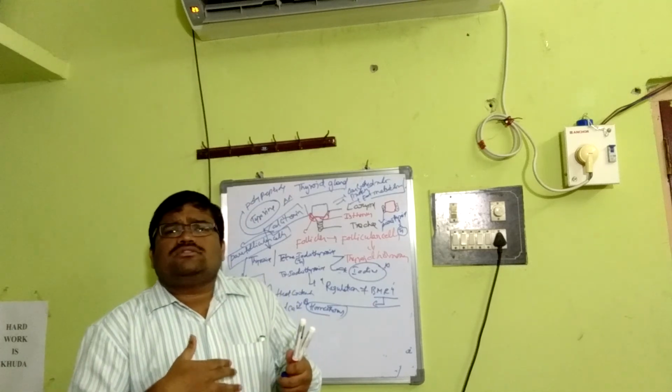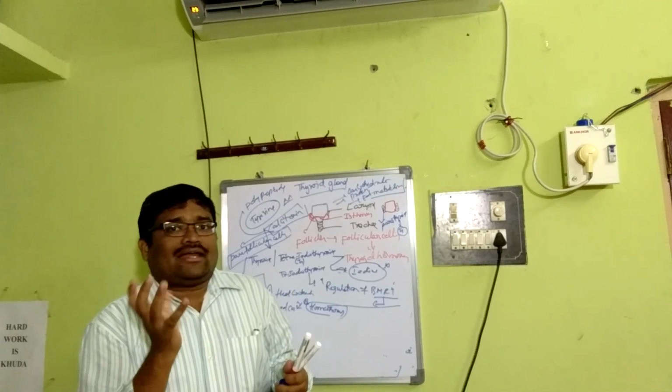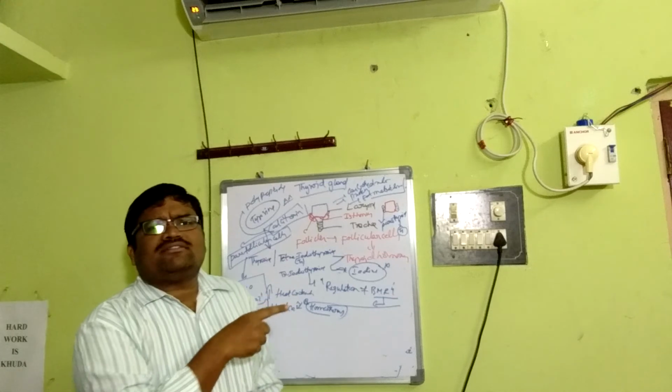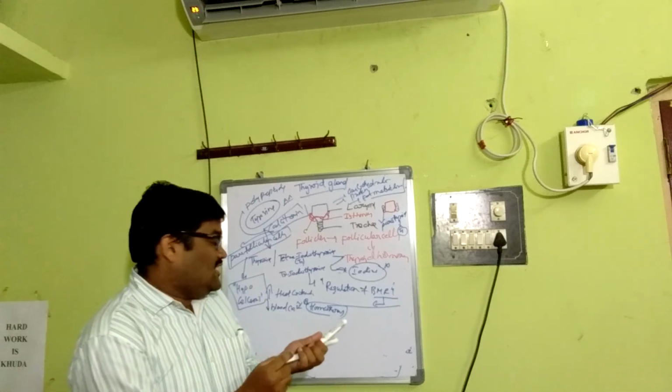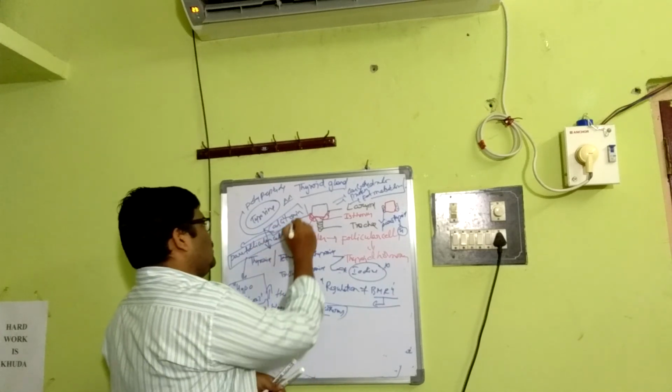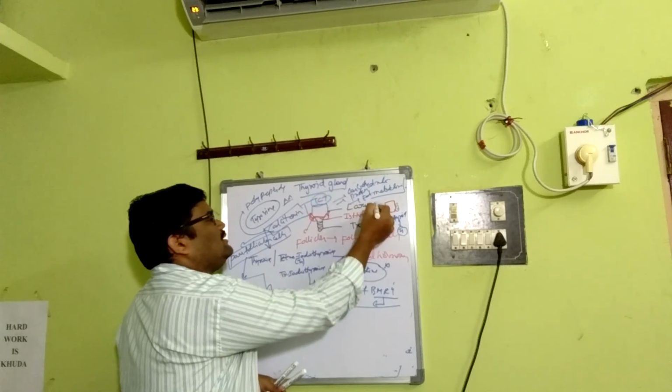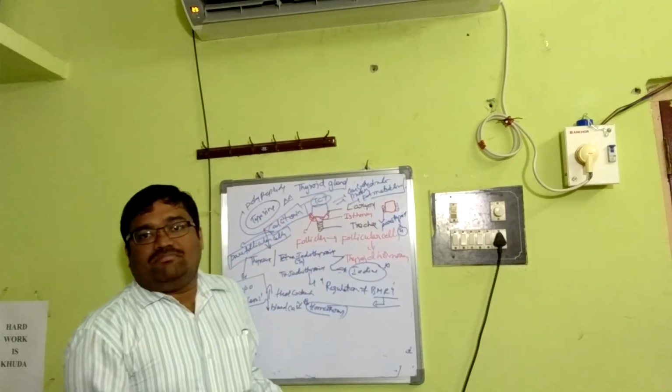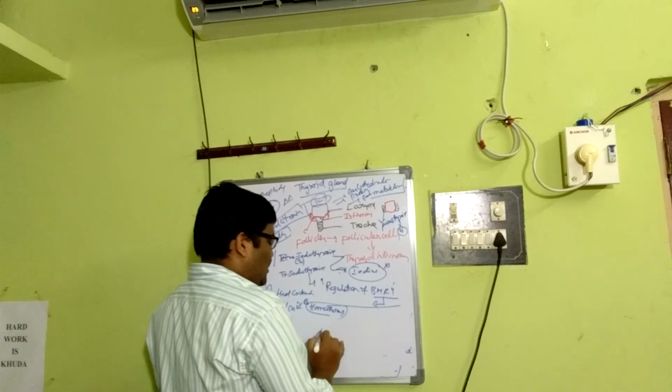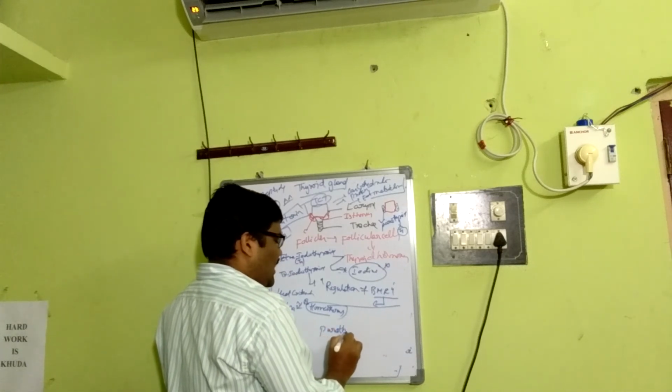Since they are associated with the thyroid, the terminology follows accordingly. Calcitonin is otherwise called thyrocalcitonin, TCT. The parathyroid hormones are simply called PTH.